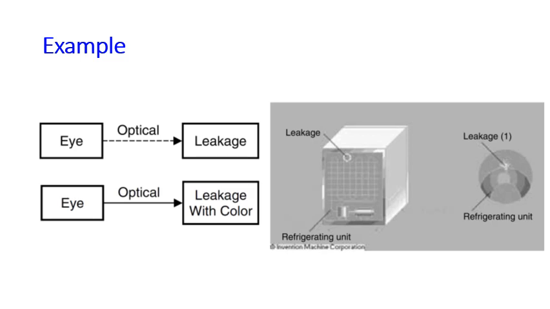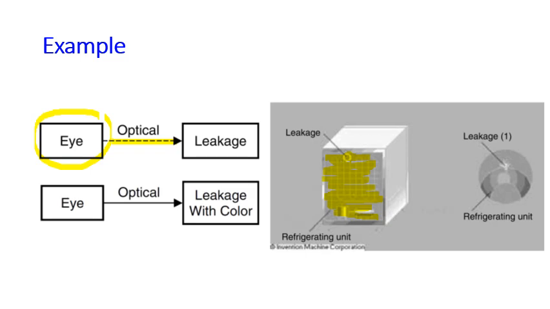Suppose you are going to detect the leakage in a refrigerating unit. It is hard to detect the position of the leakage using an eye. So it is hard to see with your eye which part of this unit is leaking. So then what we can do is we paint this refrigerating unit using a paint that will react with the liquid from the leakage.